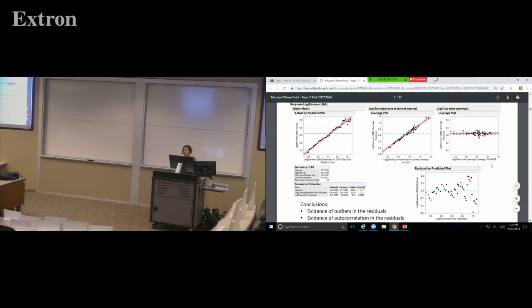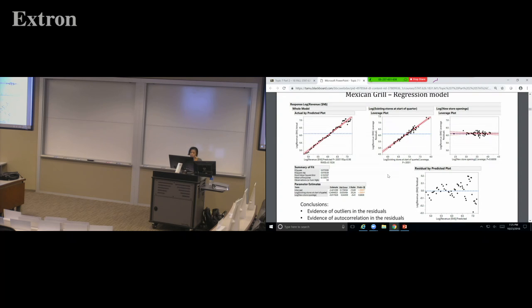When you look at the leverage plot for new store openings versus revenue, it's fairly close to 0, and the estimate is negative 0.01. It also looks a little negative. So we're able to see the relationships between our predictors and our outcome with these leverage plots.